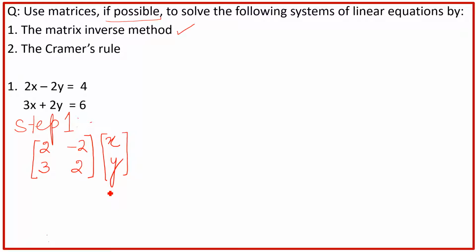Then we have the equal to sign, and after equal to we write down whatever constants we have here. So this is 4 and this is 6. In the first step we made a matrix with the coefficients, second is the variables, third is the constants.